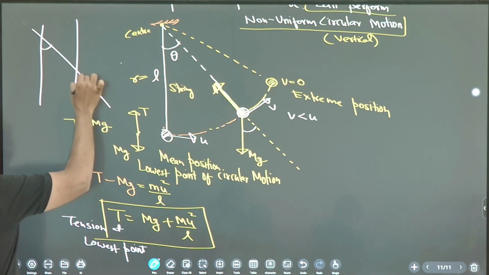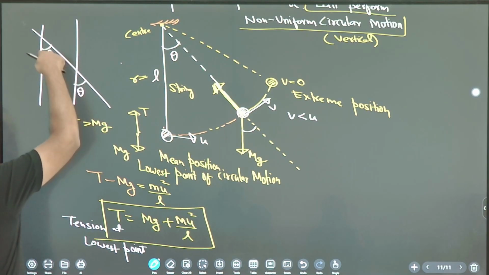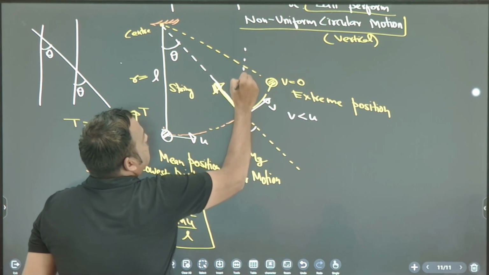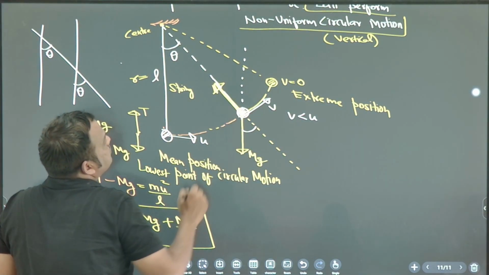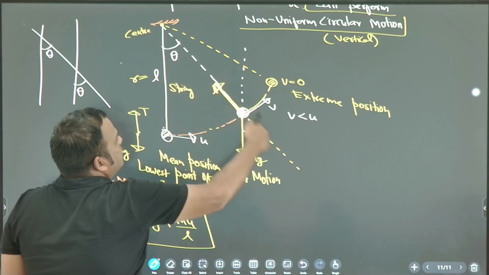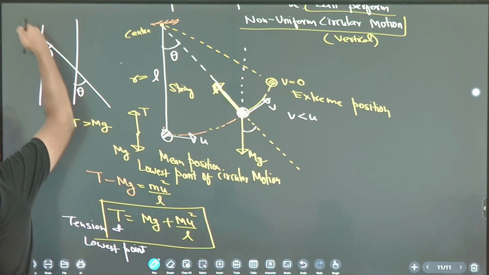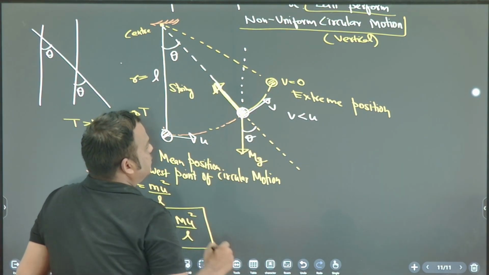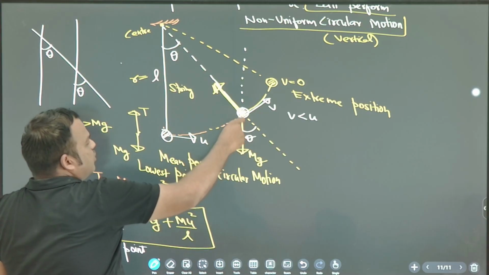These two angles are equal. Theta. So this is theta. This is the vertical line, and this is another line, like this. These two are equal. Correct. Now you take component of mg.